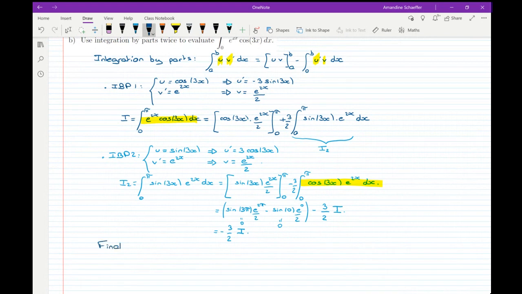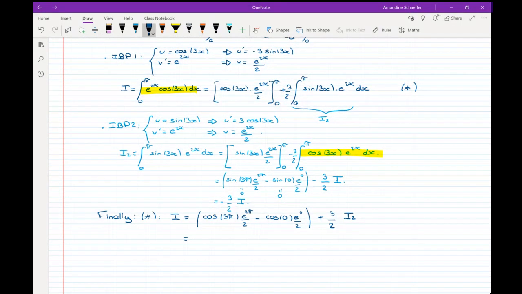Okay, so finally, if I go back here, I get that I equals, that was cos of 3 pi exponential 2 pi on 2 minus cos 0 exponential 0 on 2 plus 3/2 what I called I2, my second integral.